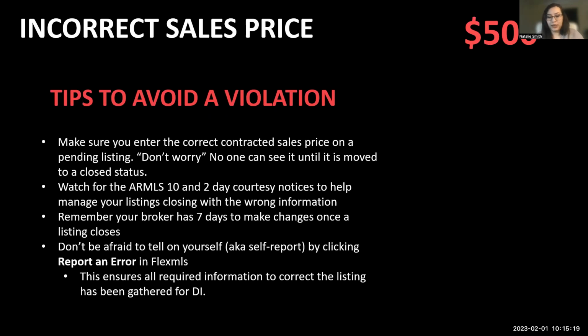It'll ask you for the price and the selling agent and the closing date, all that secret information you don't want anyone to see yet. But that information doesn't show until it does actually close. So you want to put in all the accurate information once you're changing it to pending. And then you don't have to worry about anything moving forward after that. Everything's automatic from there.